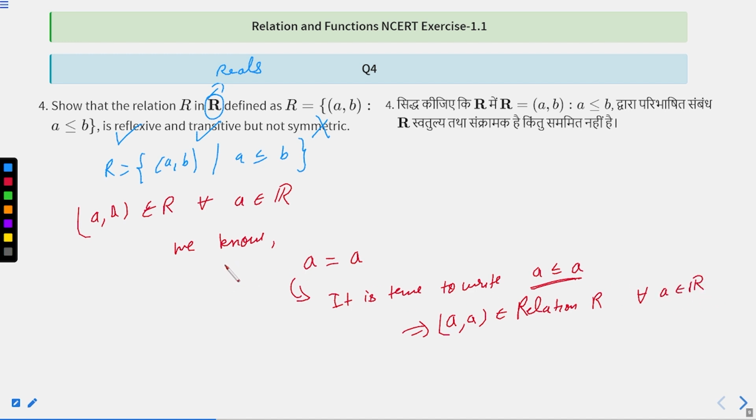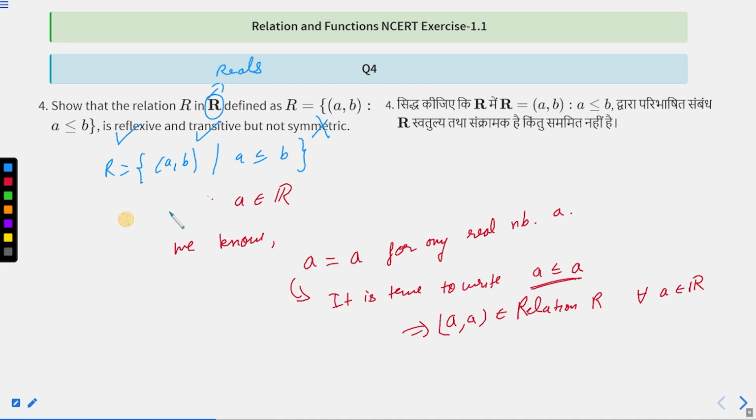So we know this for any real number A. I hope this is clear. So it is reflexive, as we showed.